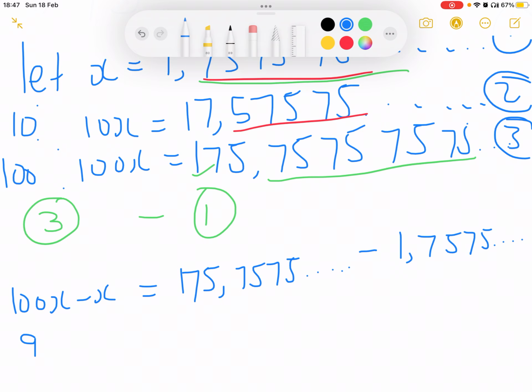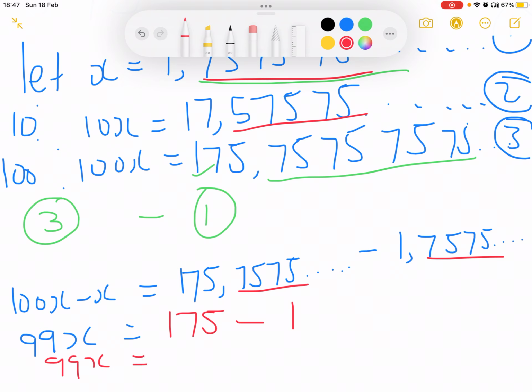We get 99x. And what's 175.757575 minus 1.757575? Definitely these decimals are going to subtract, and the whole numbers are left, and they're the ones that are subtracting. But I don't like to do it all at once, so this is basically like saying 175 minus 1. So 99x is equal to 174.